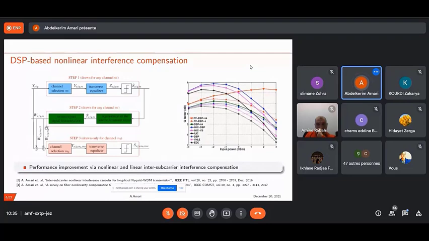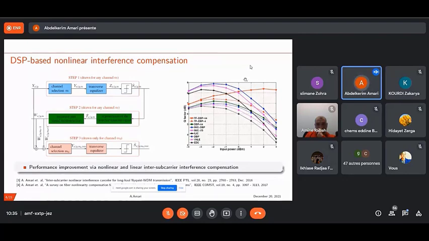we can remove the contribution of the adjacent subcarrier from the signal of interest, and this can work both to compensate partially the nonlinear interference, but also the linear interference when considering super Nyquist or Nyquist WDM system, where there is an overlap between the subcarriers.